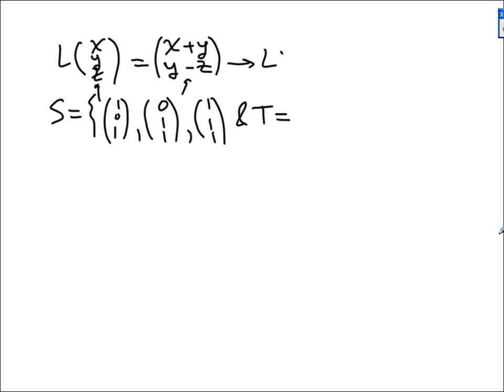Let me state it. L is the linear transformation from V to W. Now, the basis for W. It turns out in our case that V is R3, and W is R2.